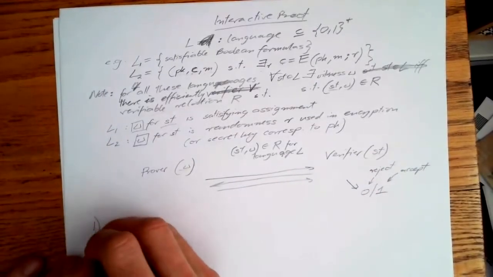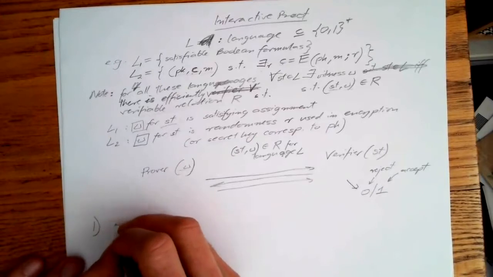And I want two properties. First of all, it's called correctness.